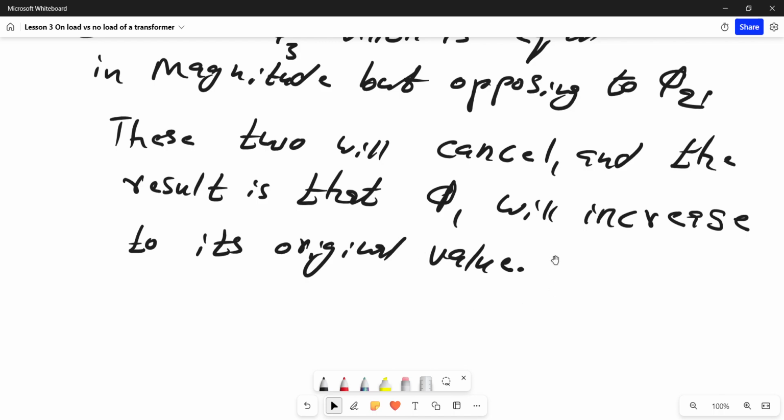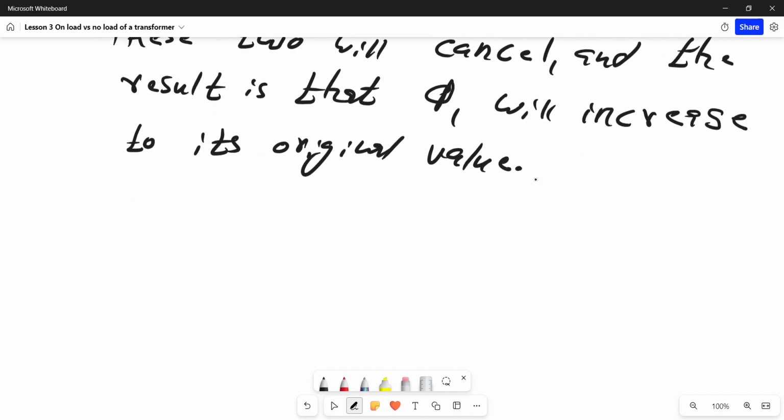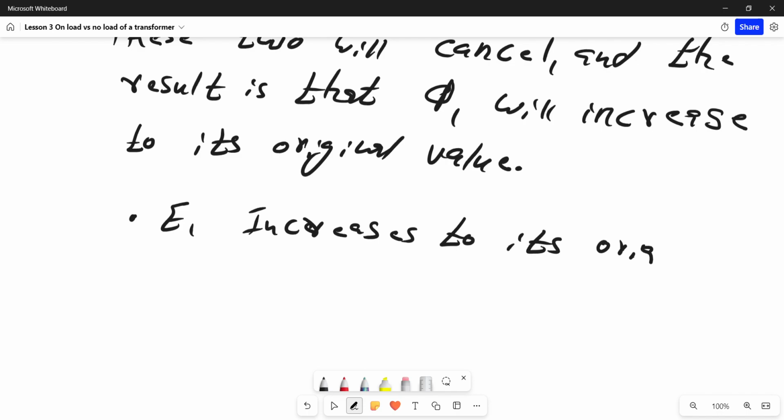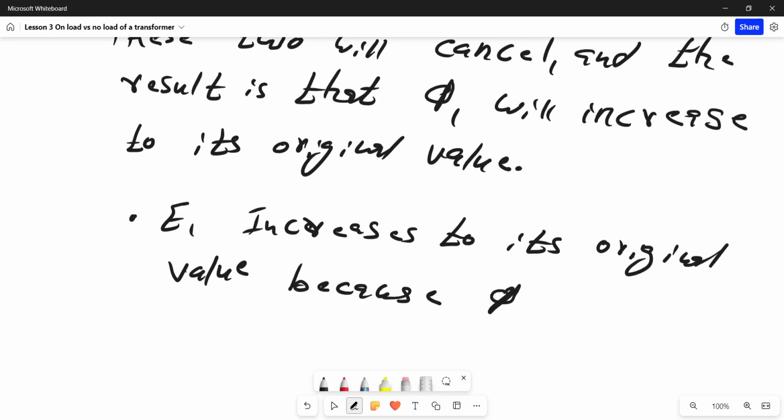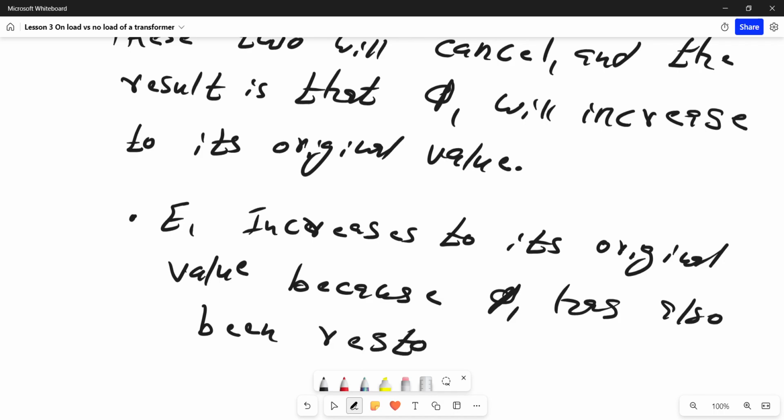If flux 1 increases to its original value, E1 increases also to its original value, because flux 1 has been restored.